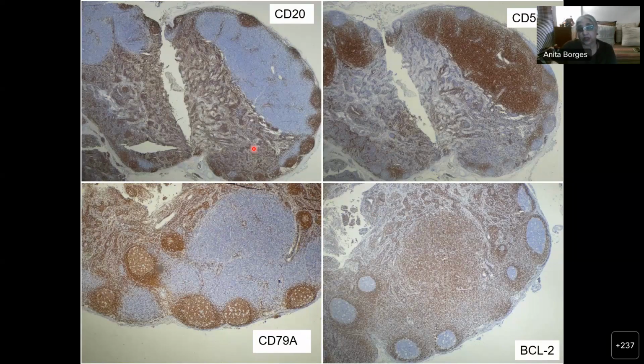I've shown you the H&E, but I don't need to. You can see this whole beaded array of follicles present just below the capsule, which is all B cells.